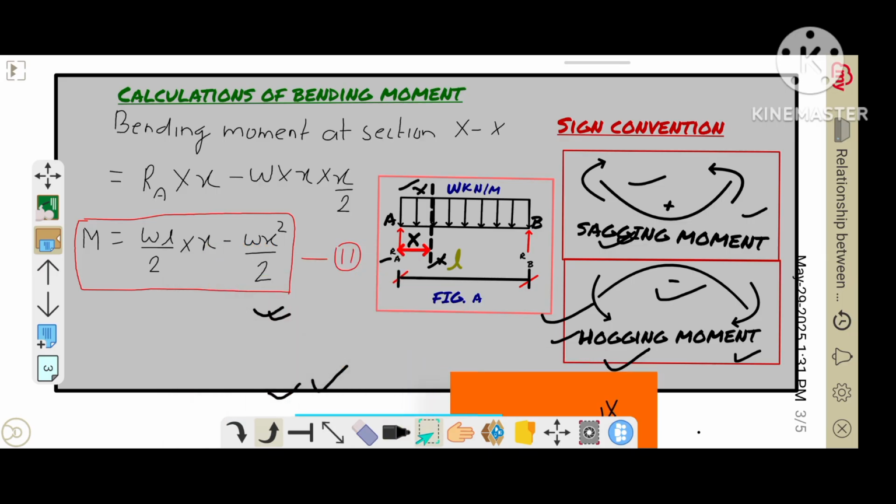So here we can see that the bending moment at section XX is equal to Ra times x minus W times x squared divided by 2. On calculation, we obtain the value of bending moment as W times L divided by 2 times x minus W times x to the power 2 divided by 2. Let this be equation second.